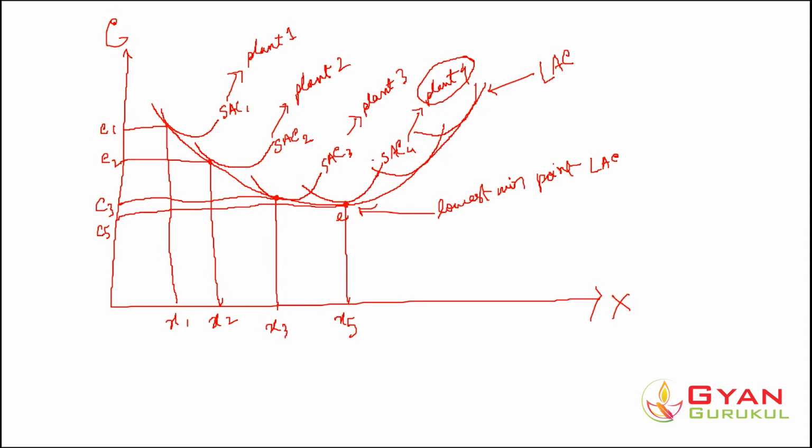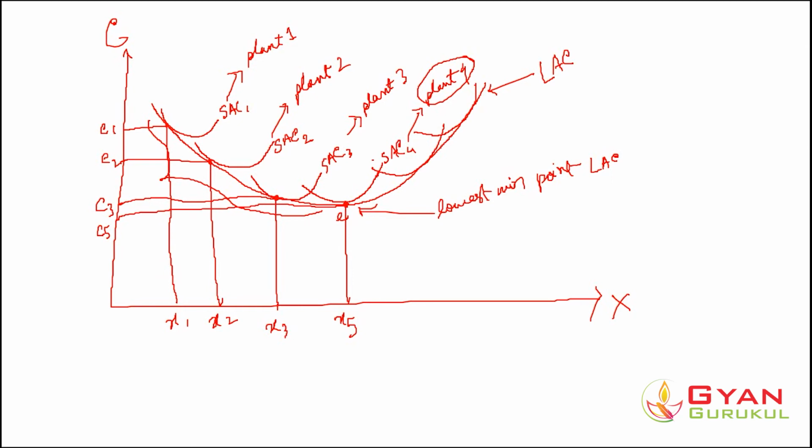One thing you have to remember: towards the left side of point E, if you see the short run average cost curves, they were producing at less than their optimal size.